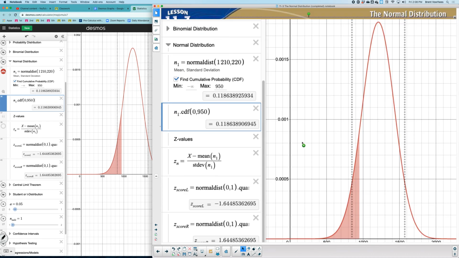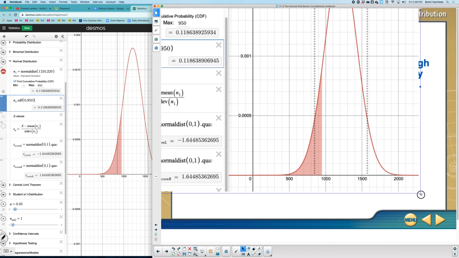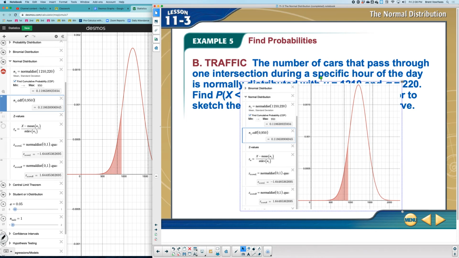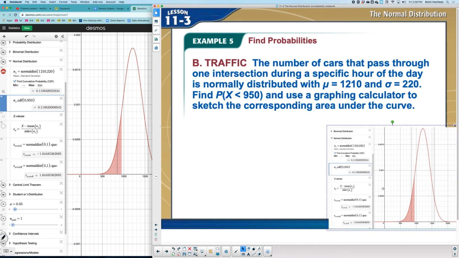So let's go ahead and add this picture in there. Here, the probability of having less than 950 vehicles drive through that intersection is approximately, I'll just use their decimal, 0.1186.